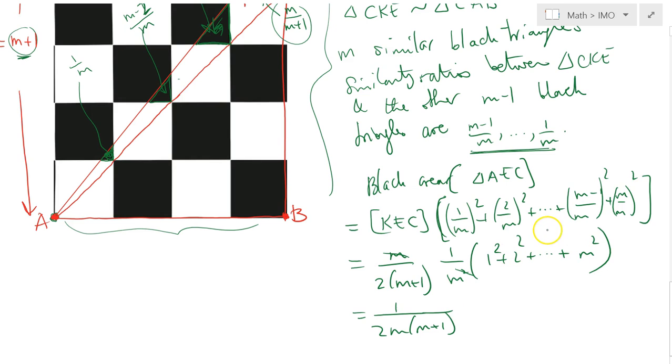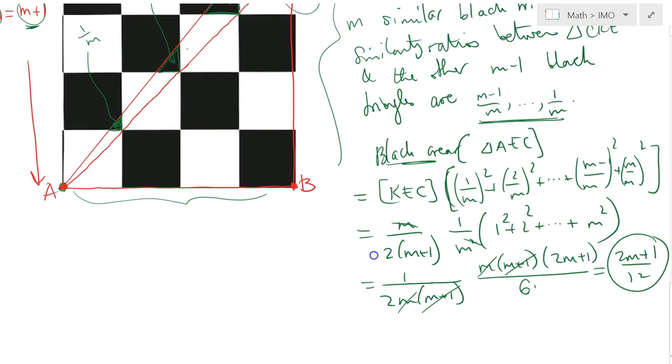And for the sum of the squares, we have a formula, which is m times (m plus 1) times (2m plus 1) over 6. Yes, that was the formula. Okay, so the m's cancel out, the (m plus 1)'s cancel out, and what we are left with is (2m plus 1) over 12.